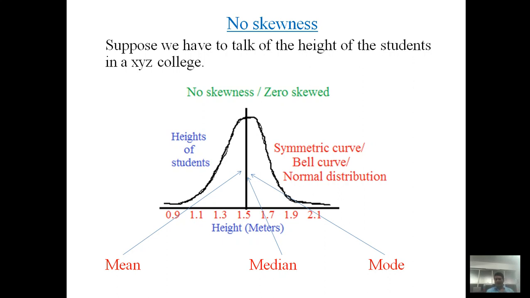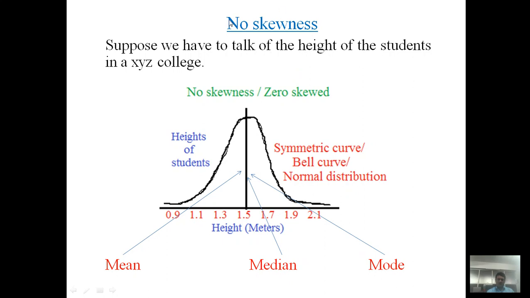Now finally we obtain one of the important results regarding no skewness, that is the measure of central tendency. There are three parameters of measure of central tendency: mean, median and mode.